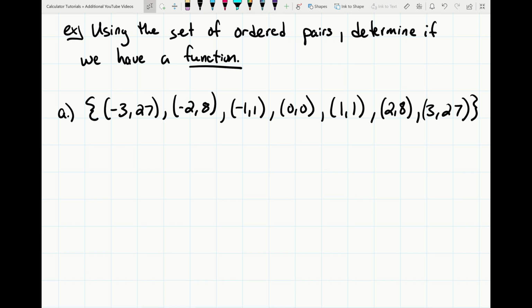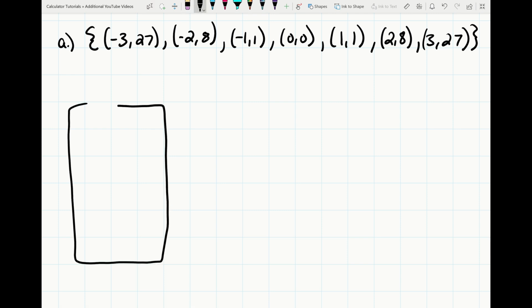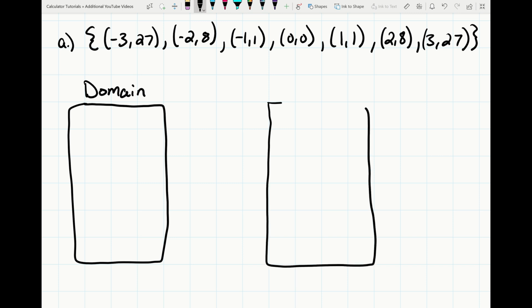To go about this, the first thing we're going to do is create a little box, and we're going to label this our domain. We're going to do the same thing to the right and call this our range, and we're going to map these points together.